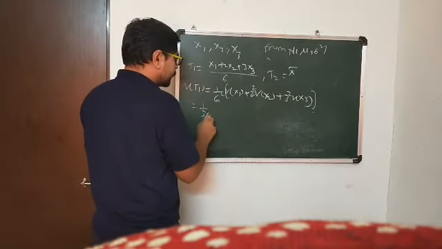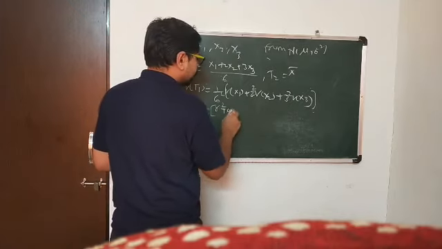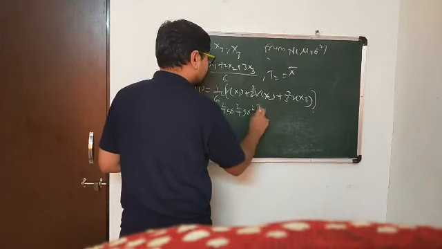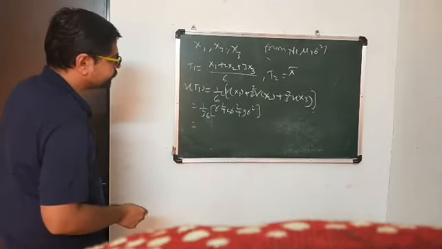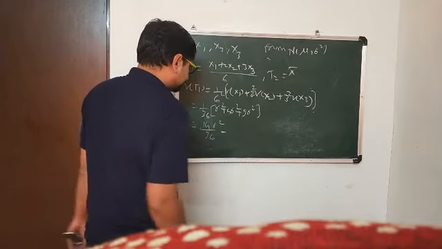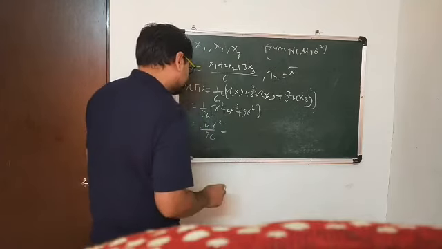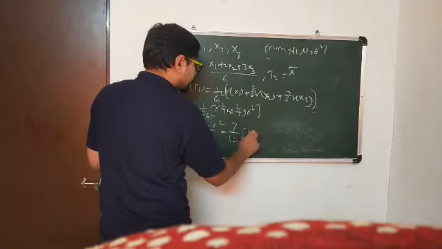So 1 upon 36 times (sigma square plus 4 sigma square plus 9 sigma square), which comes out to be 14 sigma square by 36, which is equal to 7 by 18 sigma square.